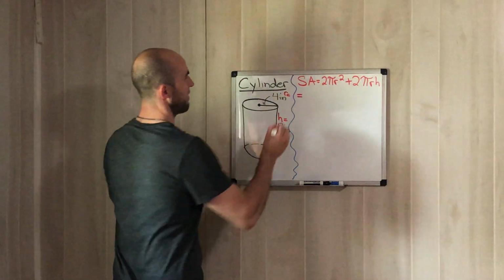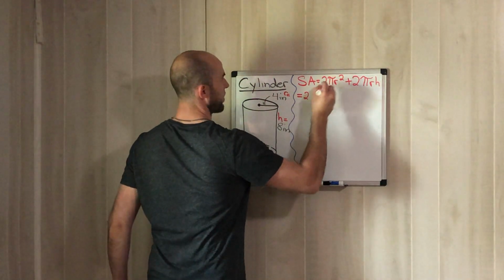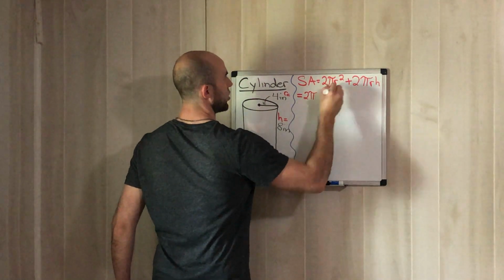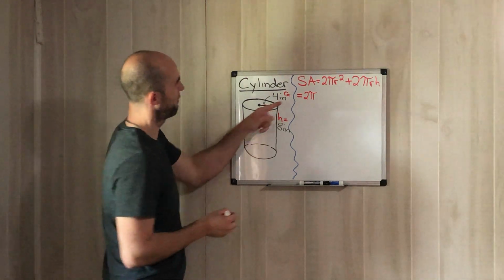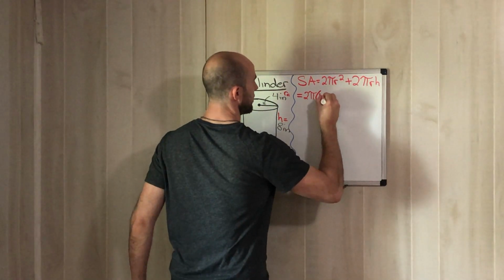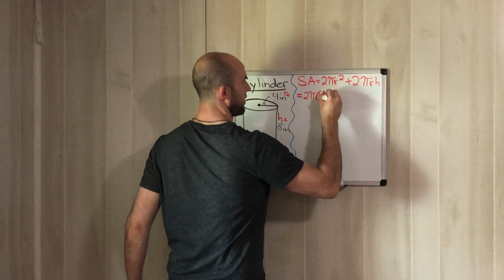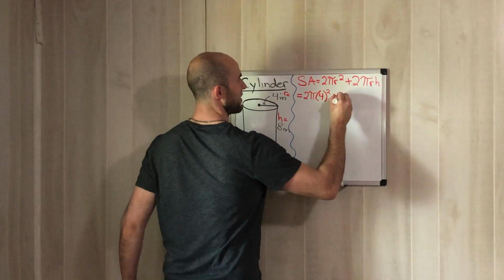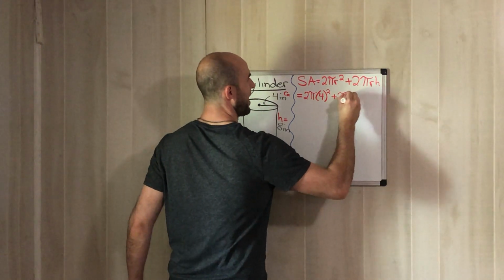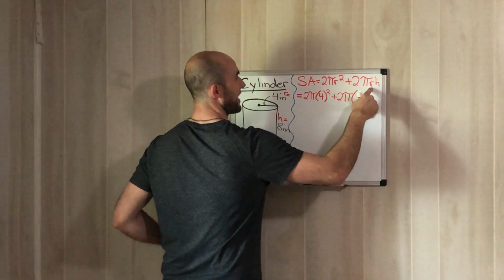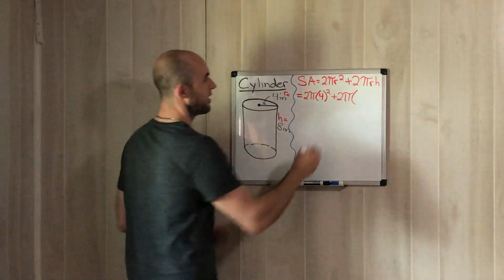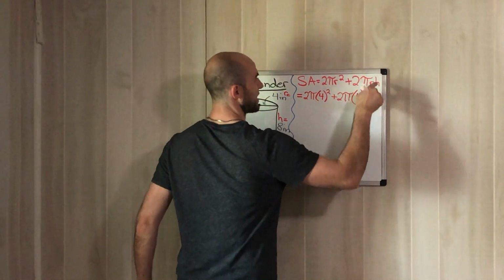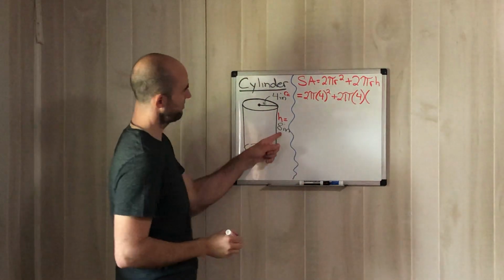So the first thing, we have 2, bring it down. We have pi, right? We know that the radius in this case is 4. Don't forget the squared. Plus, again, bring down the 2, bring down the pi. We know that the radius in this case again is 4. And we know that the height in this case is 8.